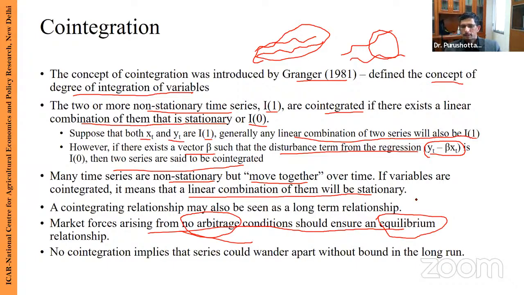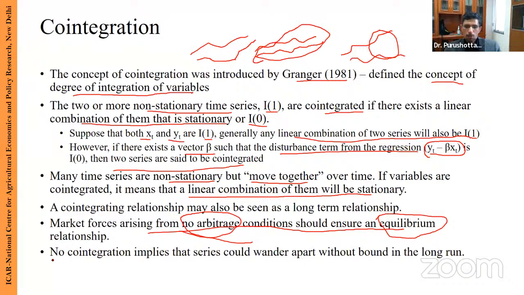And if the series violates the equilibrium, or there is any demand or supply shock for the time being, then arbitrage will take care, and the price will try to come to an equilibrium position.